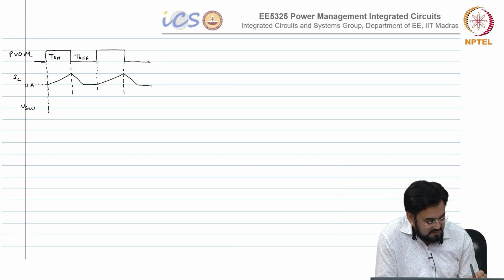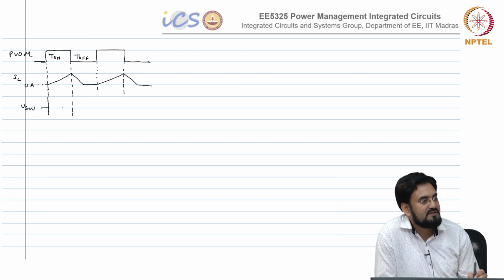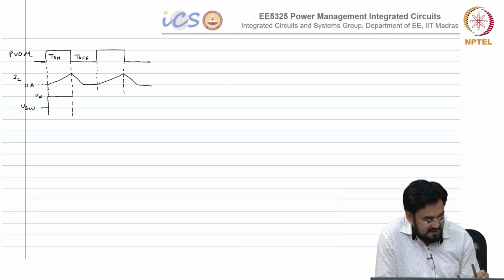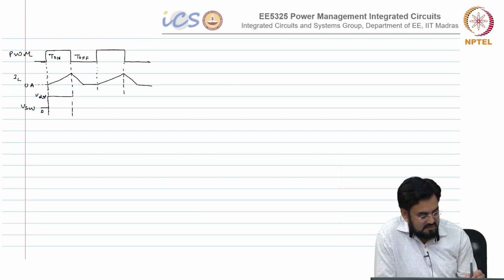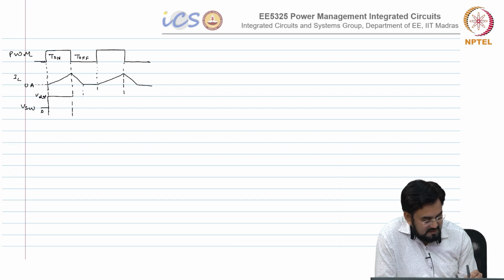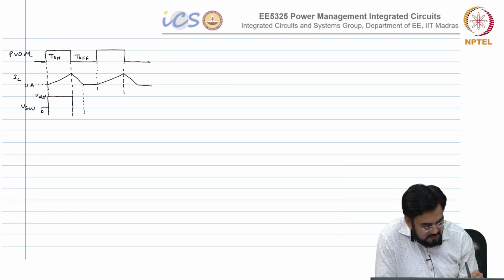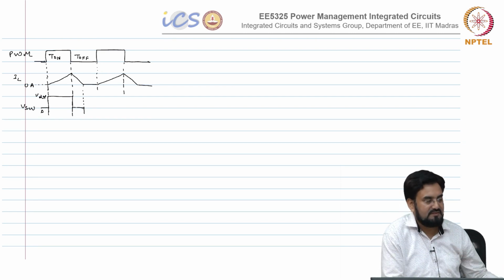Let's plot the V SW. How will it look like? So when PWM is high, V SW should be, okay, and this will be VDD and this will be 0. What would happen here in this case? When PWM goes low, what should be the V SW? Your bottom FET is turning on, it should go low. What would happen here? It will remain low or go somewhere else when current goes to 0.